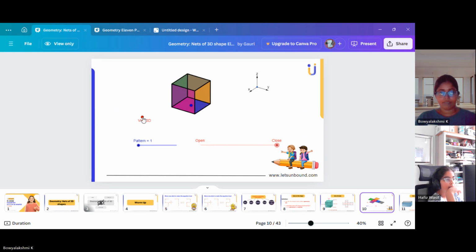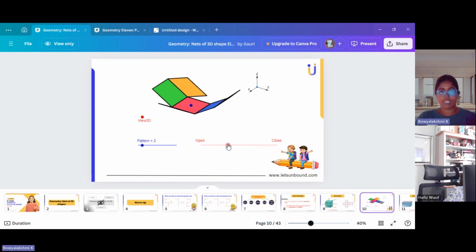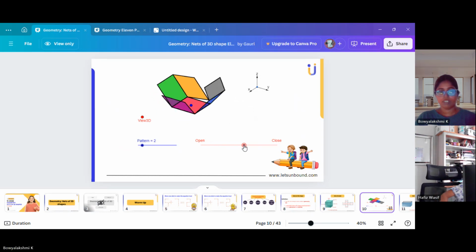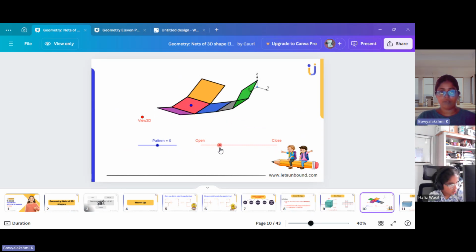Okay. I can make it back. So the second pattern. Let me fold it. Will a 3D shape be formed here? Yes, we can. Similarly for all. Let me check the T-shape pattern too, and see how it will be formed.